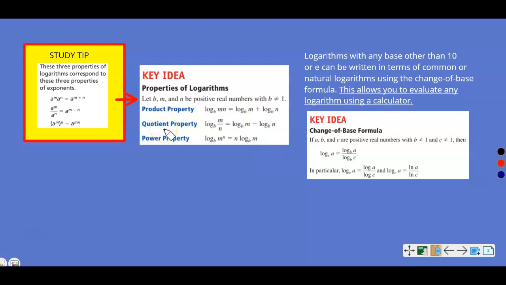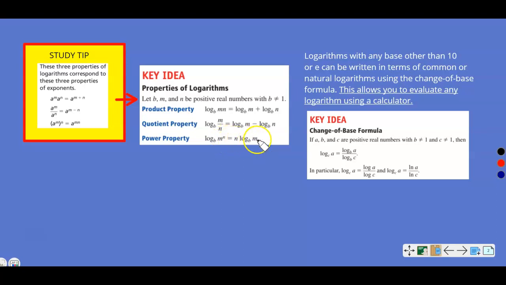All right, your quotient property. So your quotient property, log base b of m divided by n, that's going to change to subtraction. So you can rewrite that as log base b of m minus log base b of n. So again, division, your quotient property means divide. That goes to subtraction. And then your power property. So your log base b of m to the n power becomes n times log base b of m.